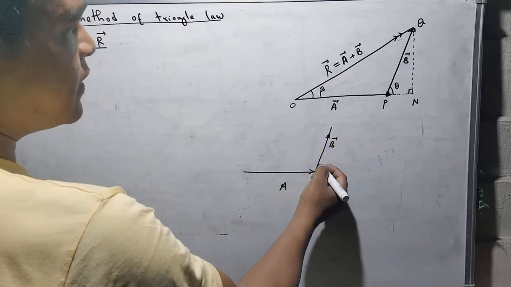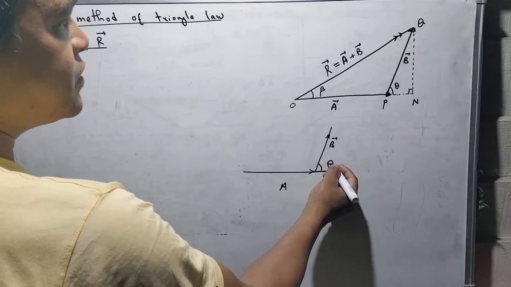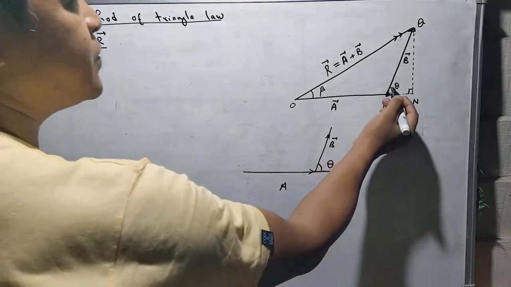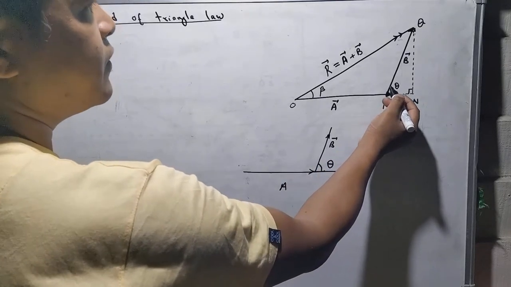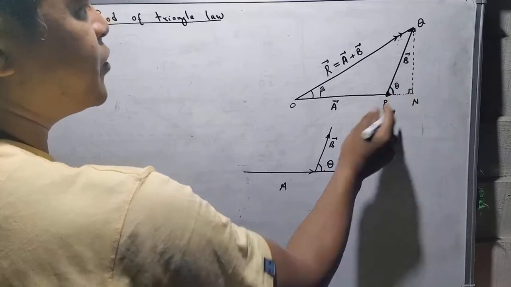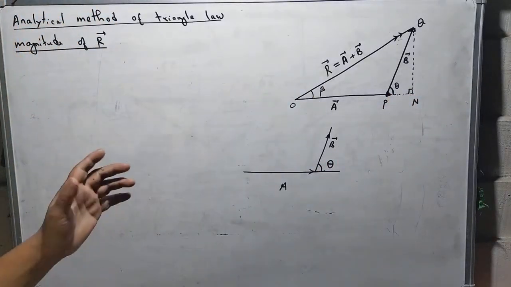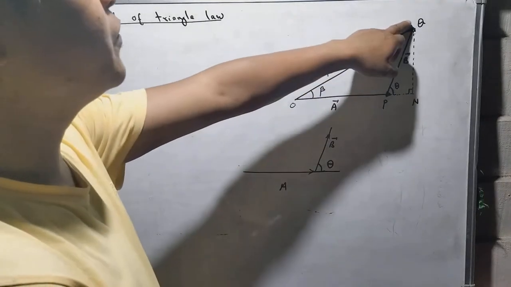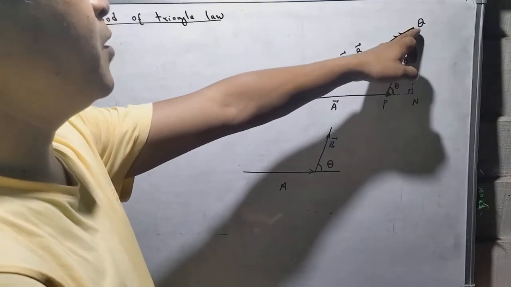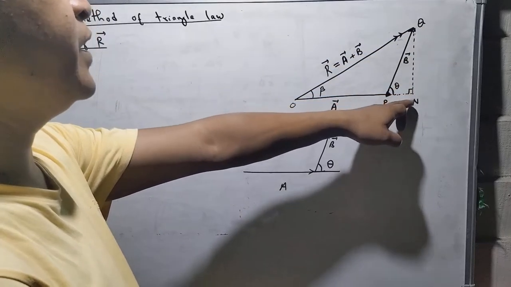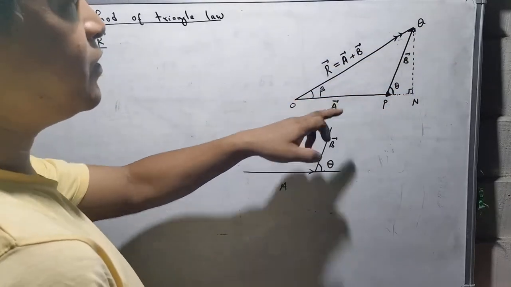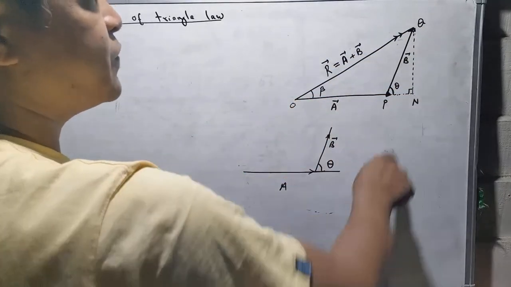Let's say the angle between the two vectors is theta. So in this figure, this theta stands for the angle between vector A and vector B. Now, from the point Q, we drop a perpendicular QN to the line OP produced.